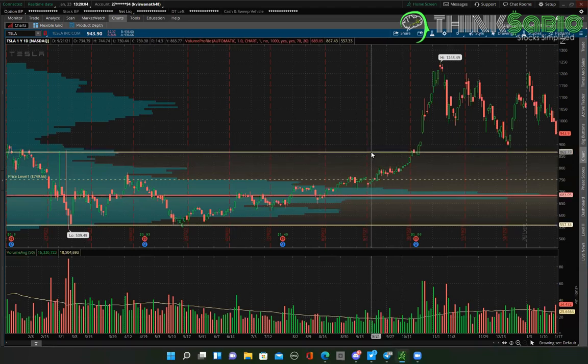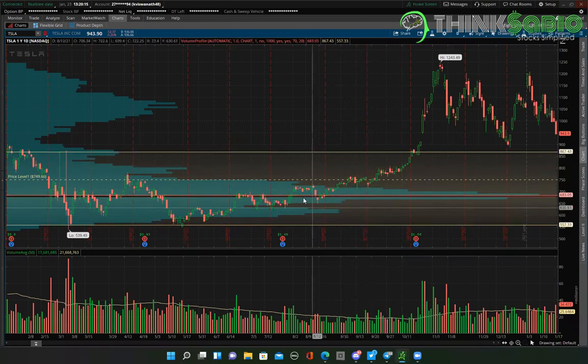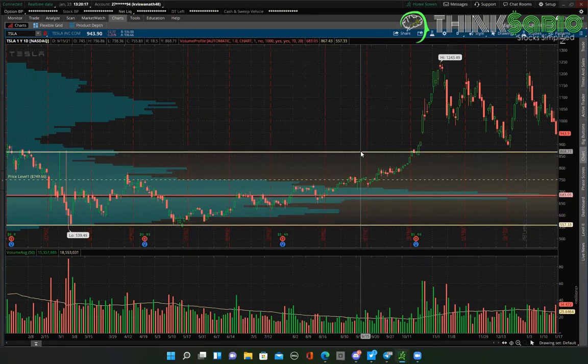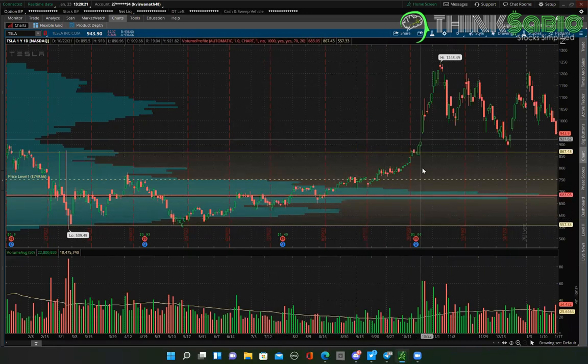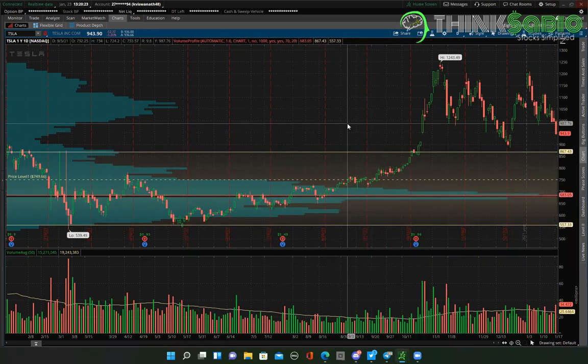That is why we have a volume profile high and a volume profile low. What this does is basically plot a high and low covering 70% of the volume, wherever that is. It will plot a simple high and low that covers 70% of the total volume that we have on the chart, right?